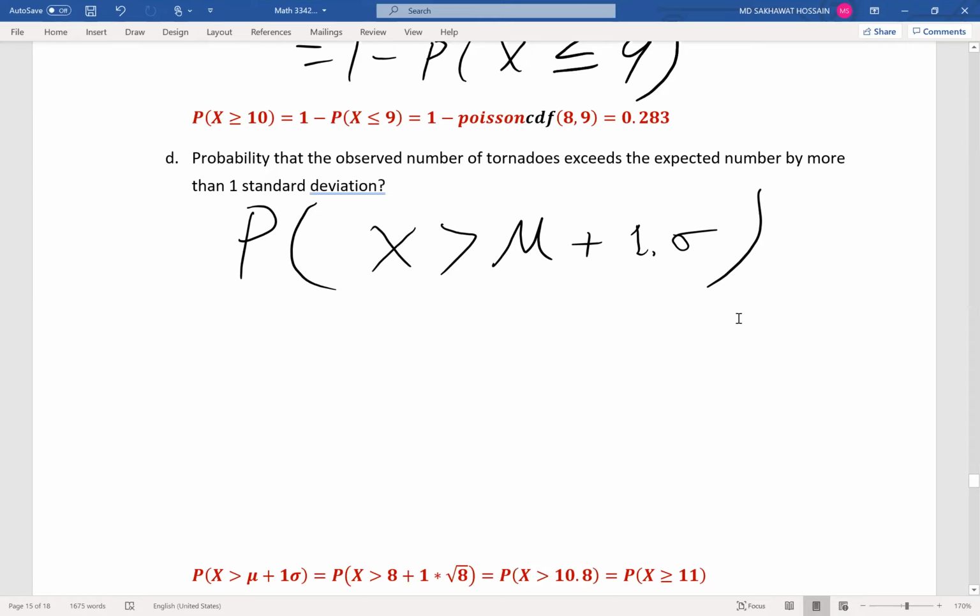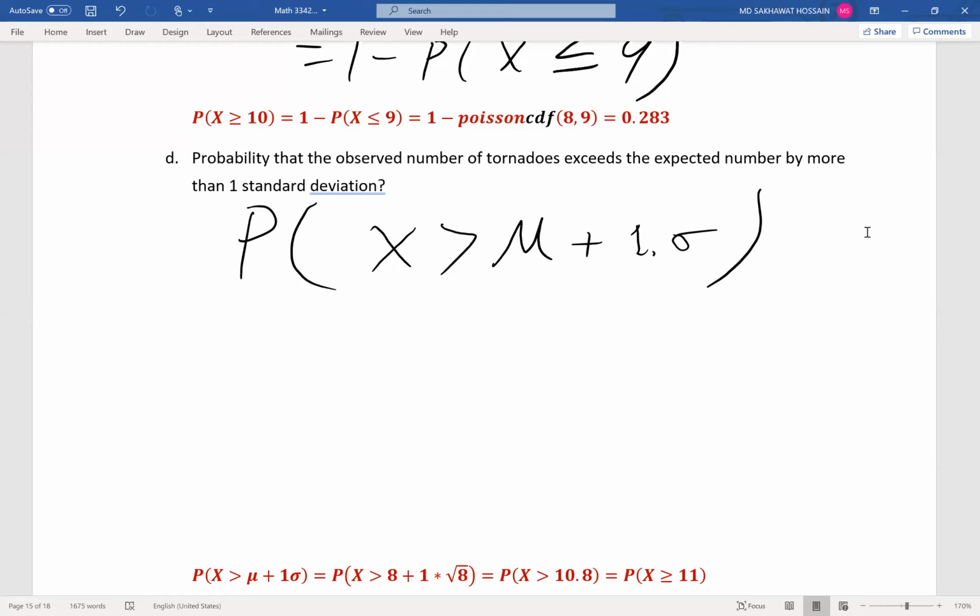Actually, for this part, understanding the question is a little tricky. If you understand the question, then you can easily find the probability. But if you do not understand the question, then you will get an incorrect number. Is it clear what we are looking for here? We are looking for the probability of X where X is greater than 1 standard deviation from the mean.